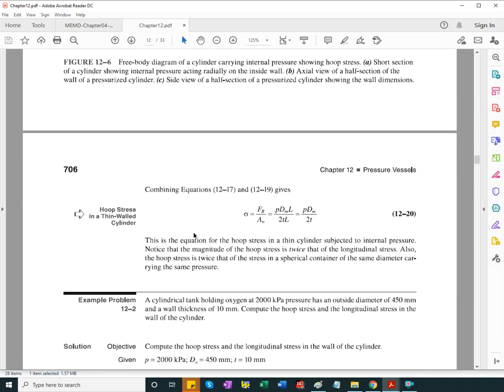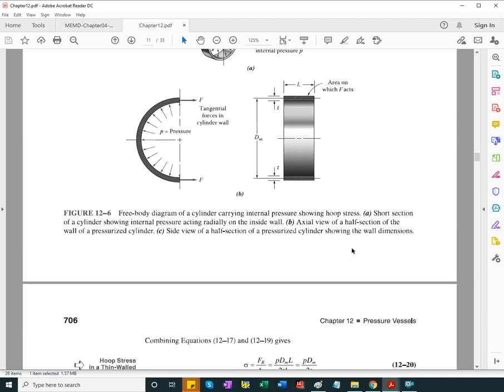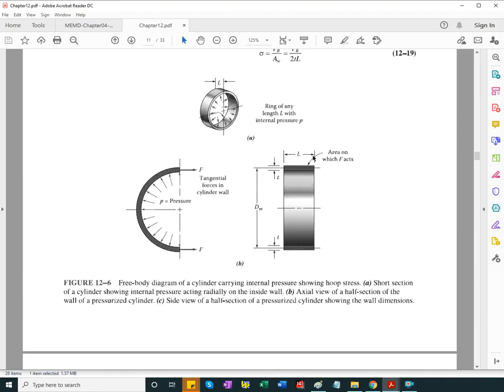The end result is the hoop stress, or transverse stress, of the cylinder, and as you can see, it's pressure times mean diameter divided by 2 times thickness. So instead of 4, it's 2, which means that hoop stress is twice as big in a cylinder. The hoop stress is twice as big as the longitudinal stress, which is equal to the tangential stress in a spherical tank. It shows that a spherical tank makes better use of the material than a cylindrical tank.